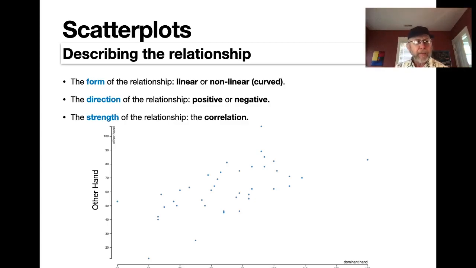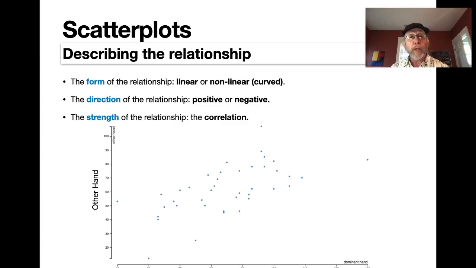If I tell you that someone made 80 hash marks with their dominant hand, you know something about their other hand. It probably made between 50 and 75 or 80 hash marks, but that's a pretty wide range. So the prediction isn't super accurate, and so we only say that this has moderate predictive power. And so the strength of this relationship we would describe as moderate.